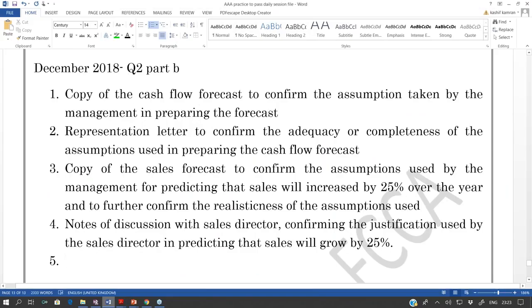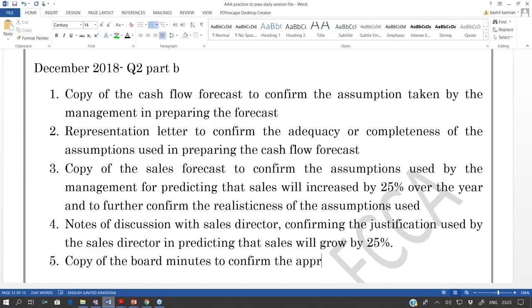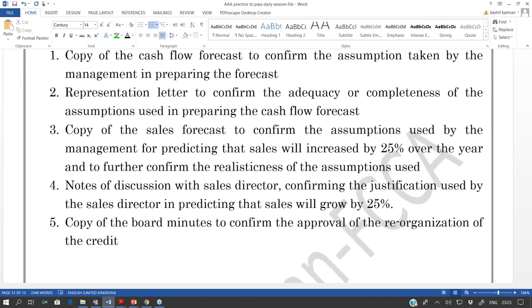And can I have the board minutes about the approval of the reorganization? Can I have a copy of the board minutes to confirm the approval of the reorganization of the credit control facility?